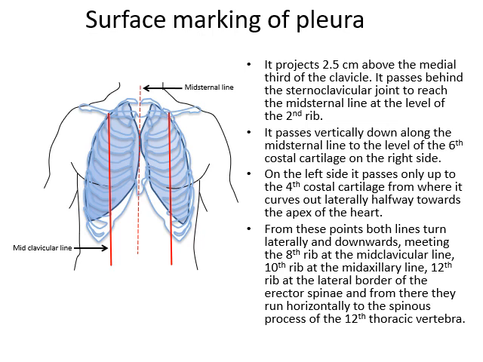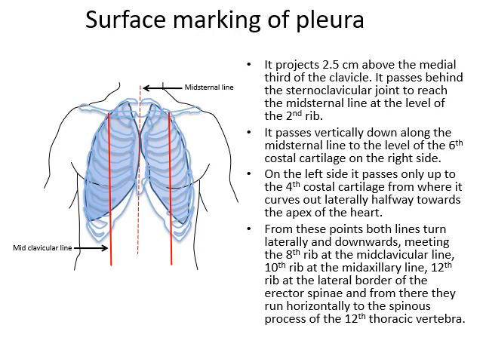The other side also will meet up here, and the two lines will be parallel going downwards, passing vertically down along the mid-sternal line. On the right side it will continue down towards the sixth costal cartilage in the midline.